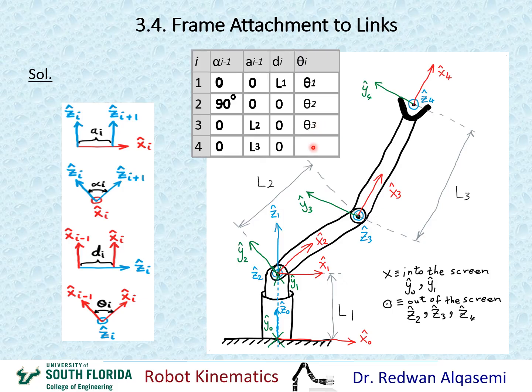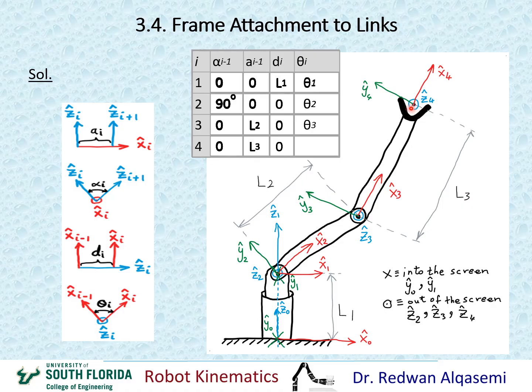Right, and then for the last element, when i equals 4, I'm going to be looking at theta i, which is theta 4. So for theta 4, I'll be looking at x3 and x4 about z4. This is x3, and this is x4 about z4, which is right here coming out of the screen. If you extend x3 all the way up to here, it's kind of matching x4. We need to find the angle between them about z4. Now remember, z4 does not have a joint here.